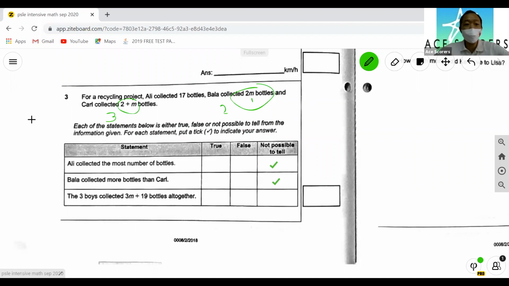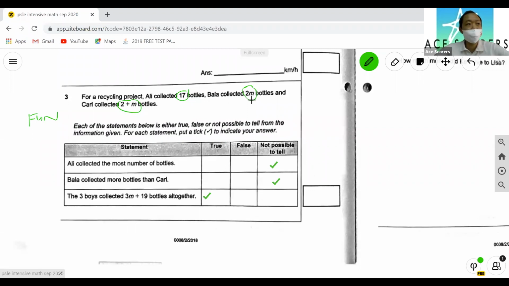So in this fundamental, they never test any heuristic. Next one: the 3 boys collected 3M plus 19 altogether. So your fundamental algebra addition. You take 17 plus 2M plus 2 plus M. How many M's are there altogether?